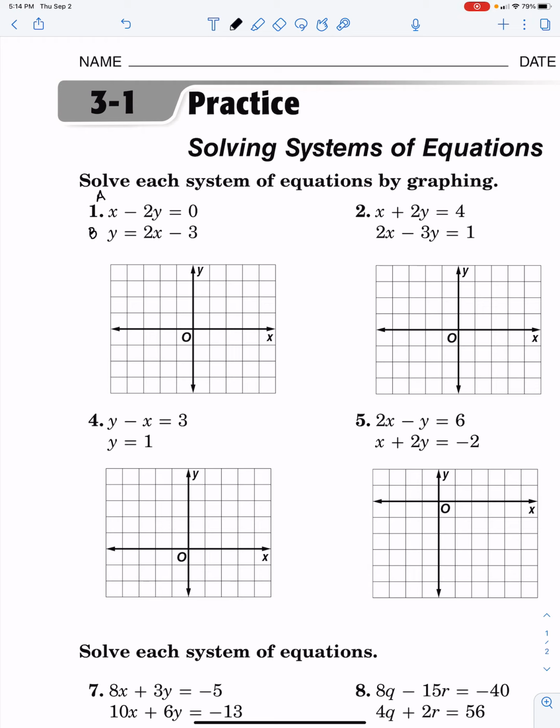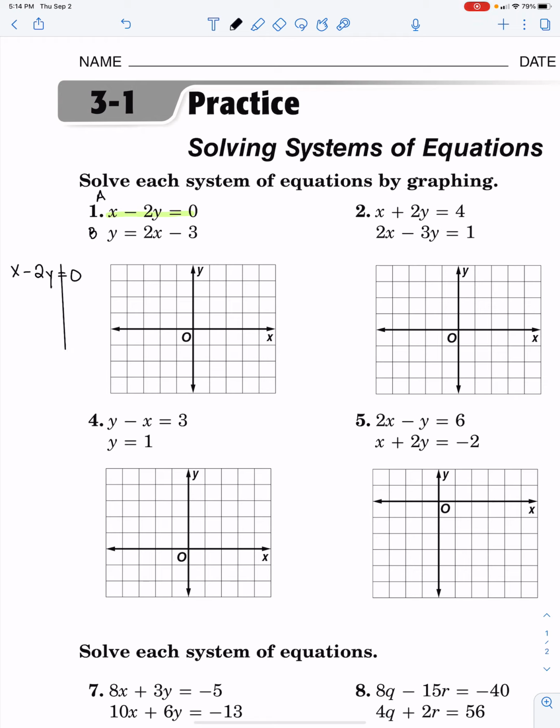Okay. If you look at equation B, it is already in slope-intercept form, so there's nothing that I need to simplify on that one. However, equation A, I do need to get it into slope-intercept form. So I have x minus 2y equals 0.